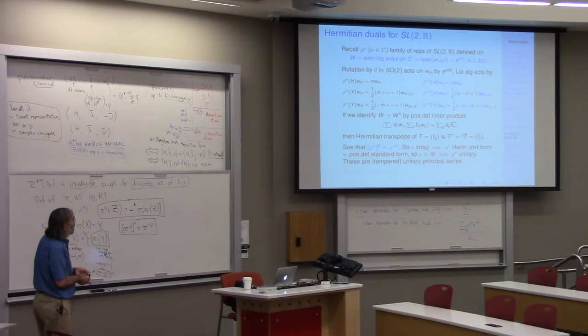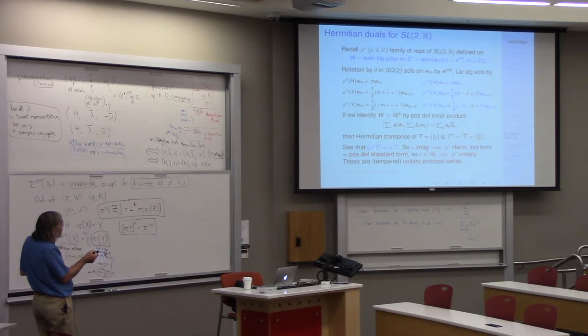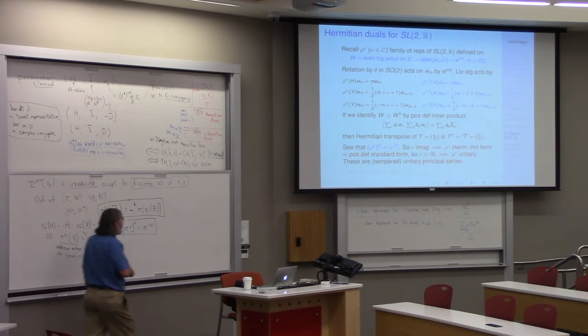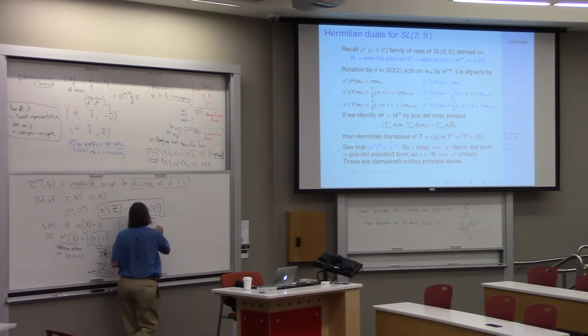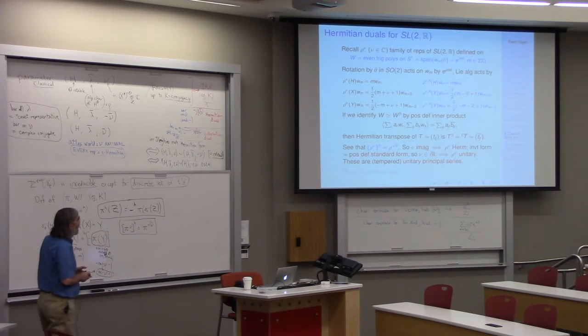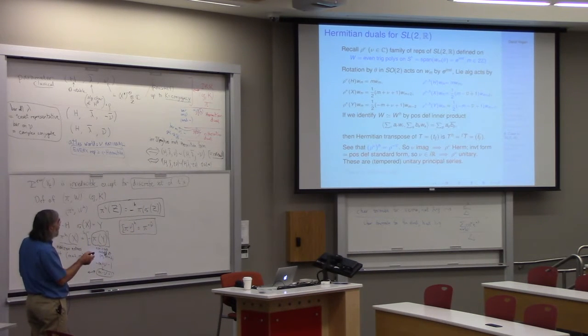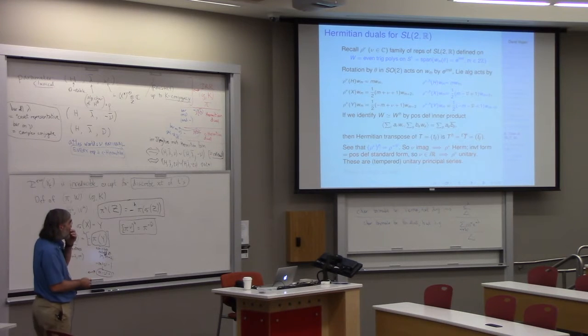That's what's written. I computed this, minus nu complex conjugate in general. That's what's written up here. So I computed the various Hermitian transposes and got almost the same formulas as before, except that nu is replaced by minus nu bar.